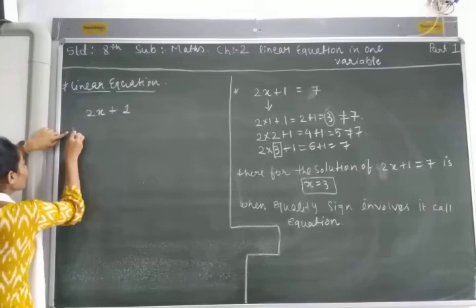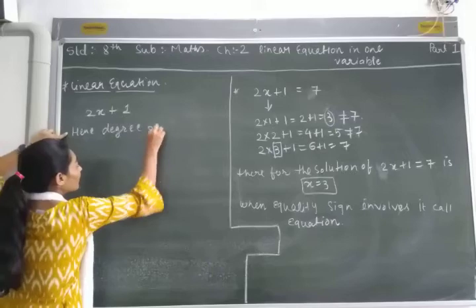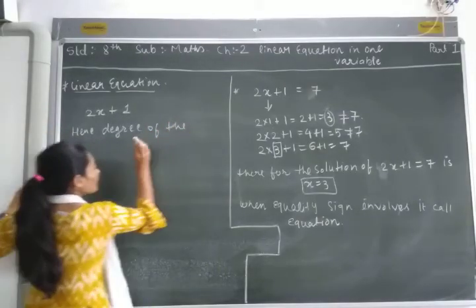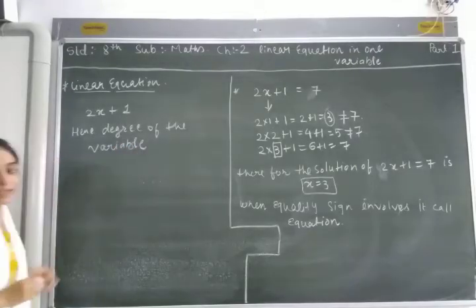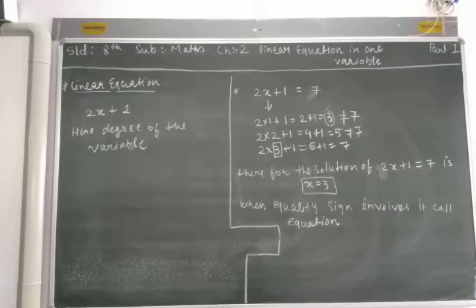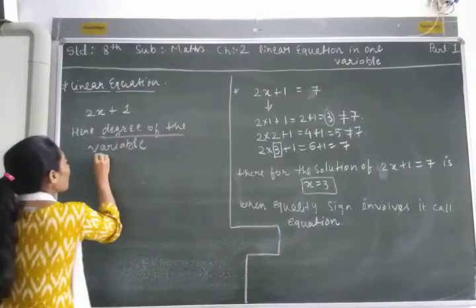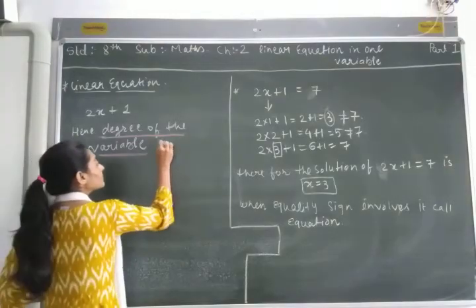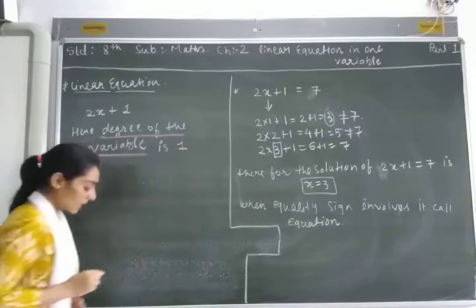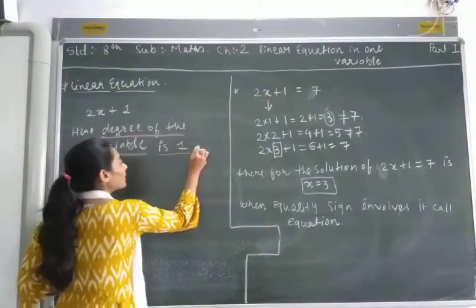Here, I am saying the degree of the variable, not the constant or anything else. The degree of the variable is equal to 1.